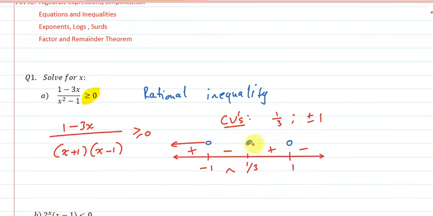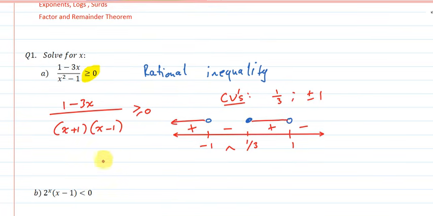Positives are going here and in between. So the solution to this problem is x is less than minus 1, or x is greater than or equal to 1/3 but less than 1. So this is our solution.